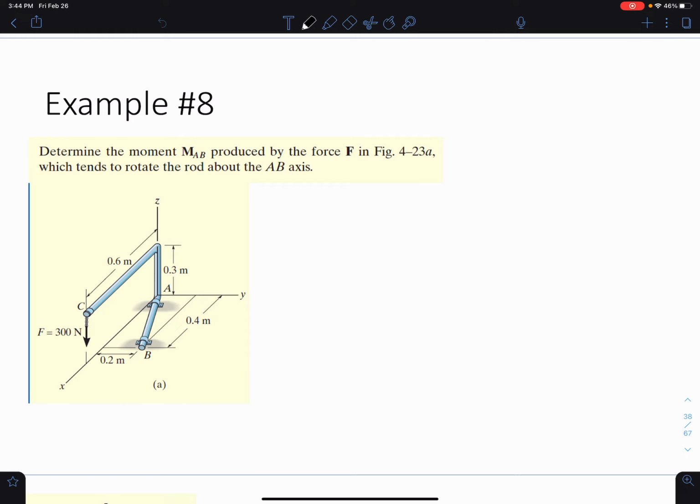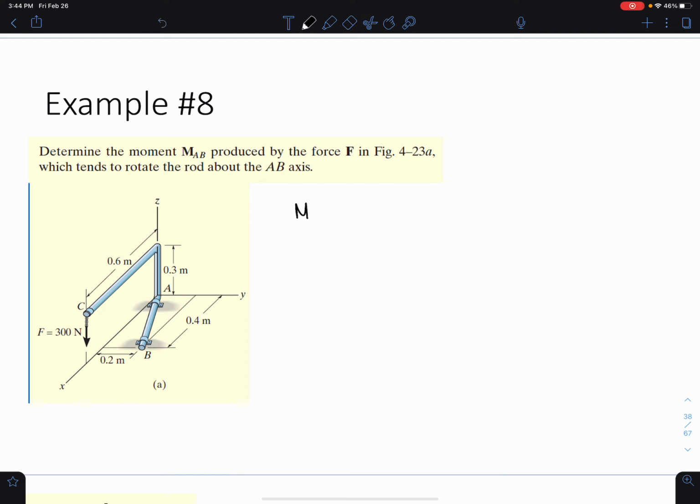If you remember the definition of UB, it basically defines the direction of the AB axis. Because that rod does not lie on the X, Y, or Z plane directly, it's along its own axis, we need to define that direction using the unit vector at B.